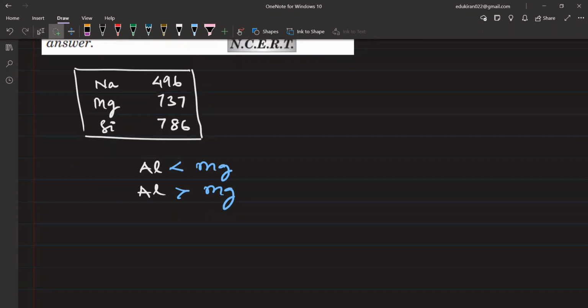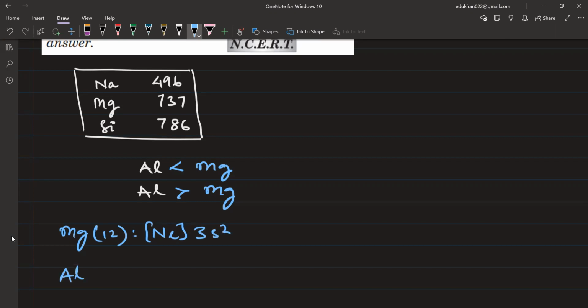See, the electronic configuration of magnesium: 12 electrons, so it will be neon 3s2.